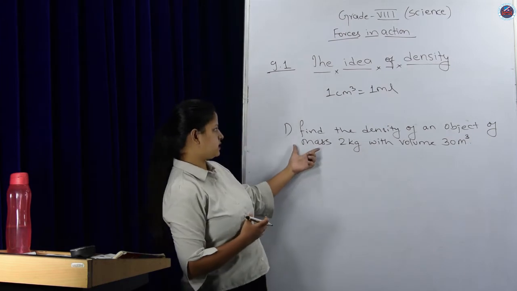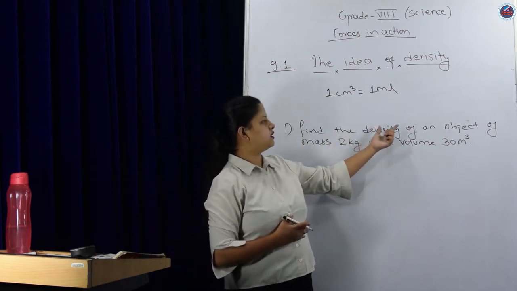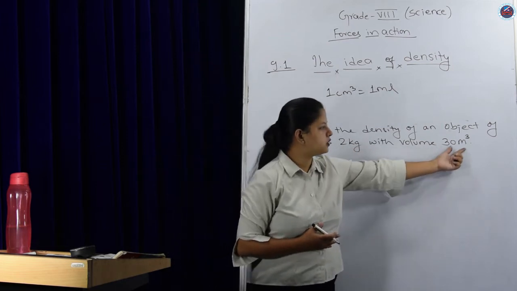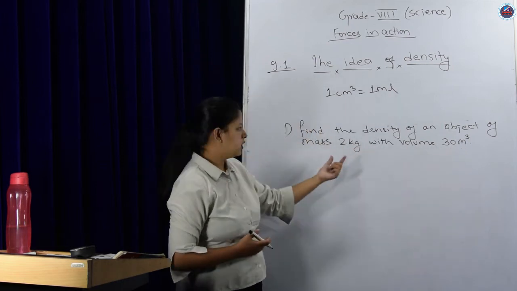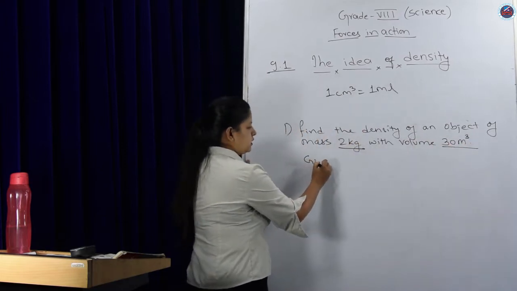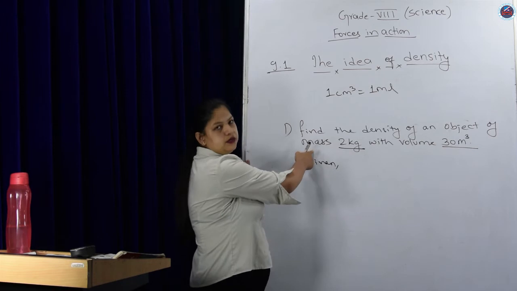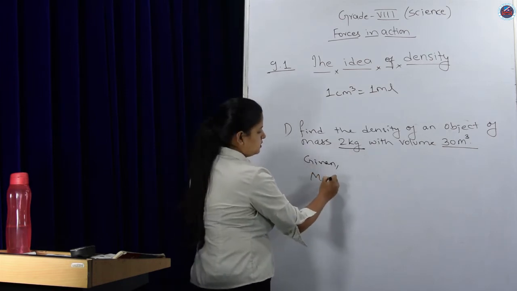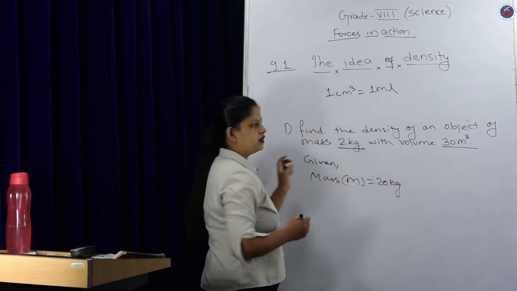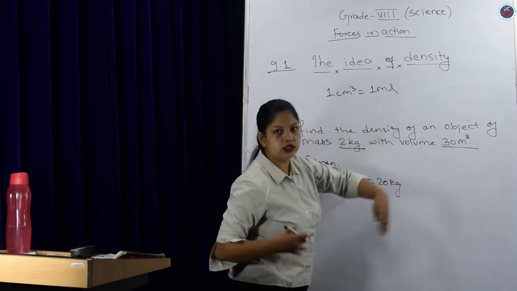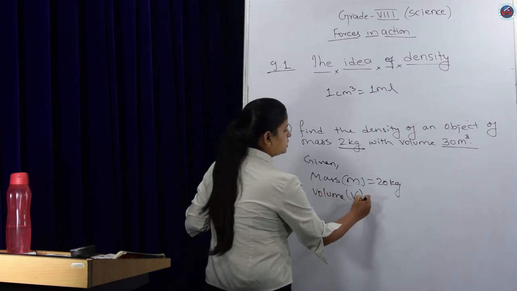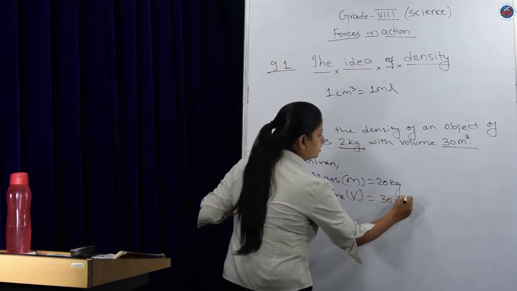For example, it is written here: find the density of an object of mass 20 kg and with a volume of 30 meter cube. Now 20 kg is a number and another 30 meter cube is given. So when you write it, the word kg means mass. So mass of that object m is equal to 20 kg. Another given is 30 meter cube, that means volume. So volume of that object V is equal to 30.